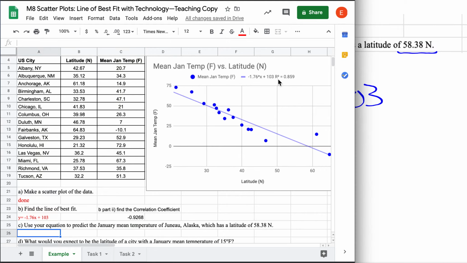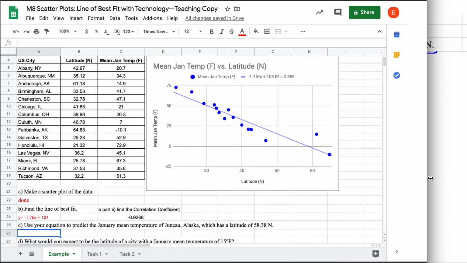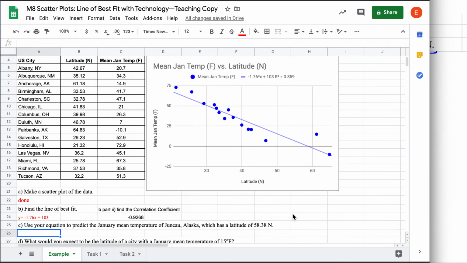C. Use the equation to predict the January mean temperature in Juneau, Alaska, which has a latitude of 58.38 degrees north. So we're going to do negative 1.76 times 58.38, then add 103 to that.